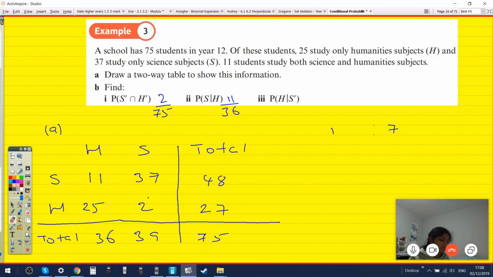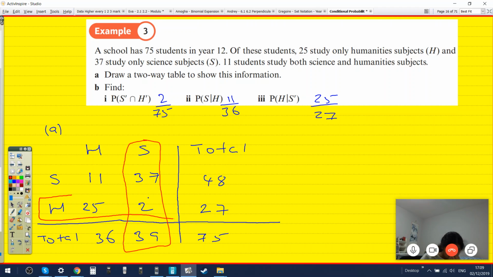25/27. And how did you get that? I did P of H intersection with S dash over P of S dash. So S dash. Yes. So let's see this one, and we wanted H, so it is H out of that.